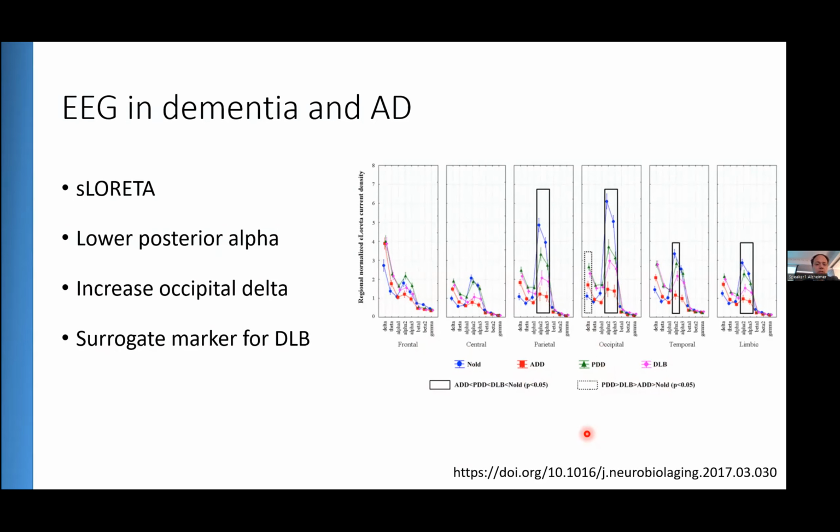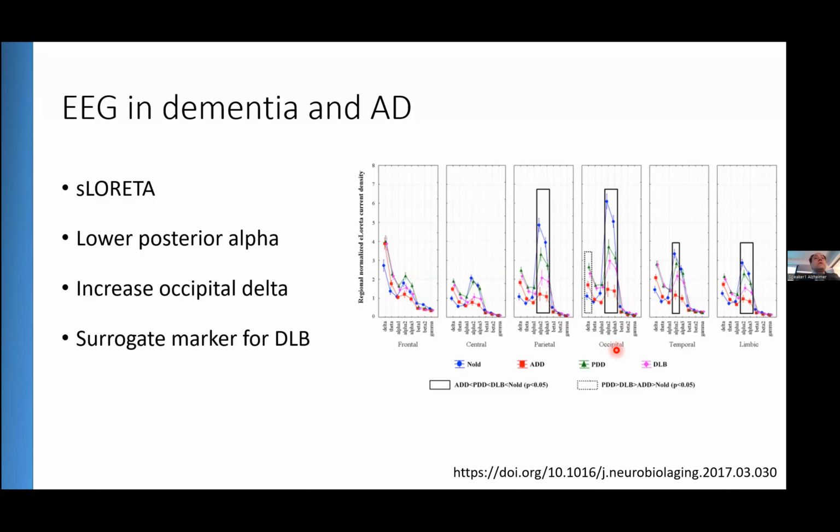And what you can see is that in the posterior or parietal part of the brain, the alpha spectrum is getting very low, especially in patients with Alzheimer's disease. But on the other hand, in the occipital cortex, the delta frequency is getting more common. So the ratio between alpha and delta could be one of the surrogate markers.